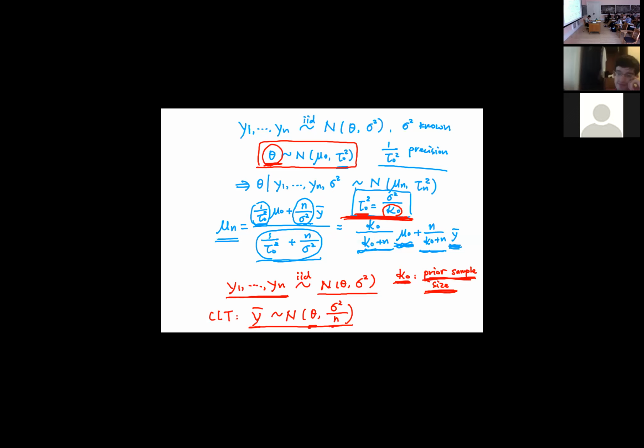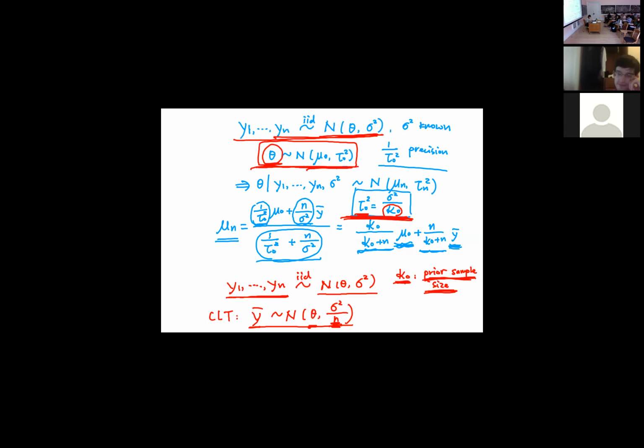This n is the sample size, and now I'm trying to think about how many prior observations I should have. So kappa 0 is the prior sample size. So if you look at this relationship, this is the data, and this is the prior on the mean, right?